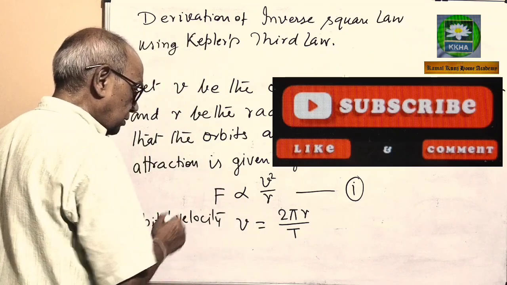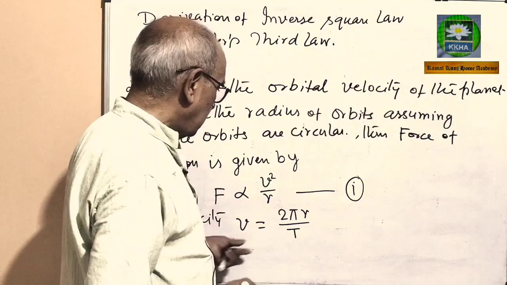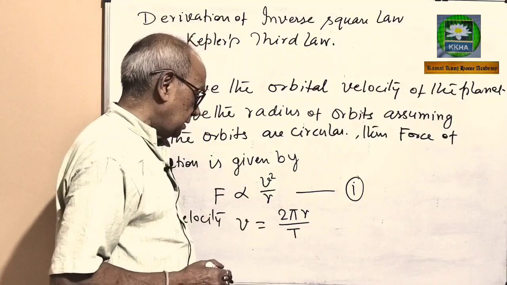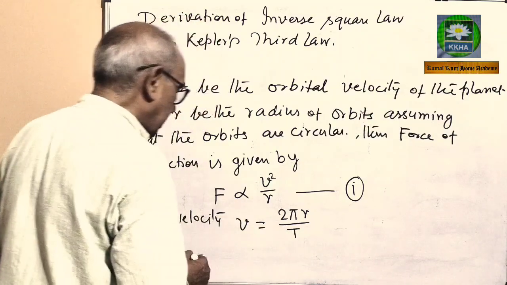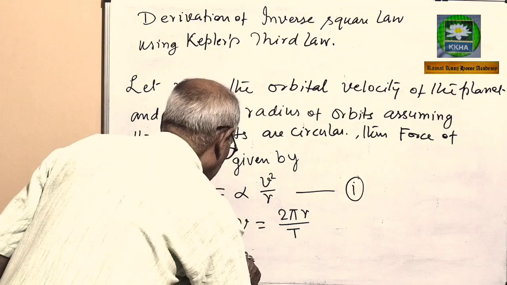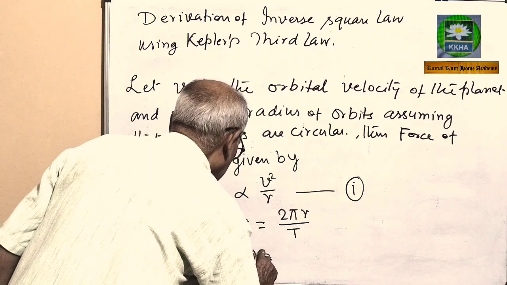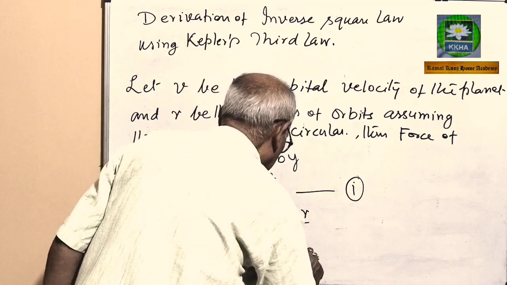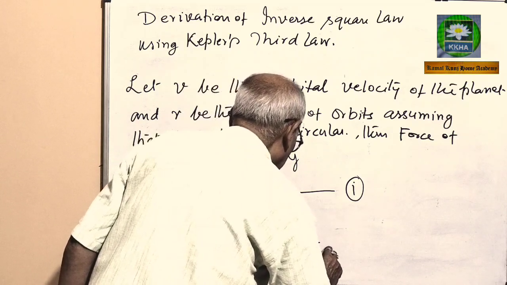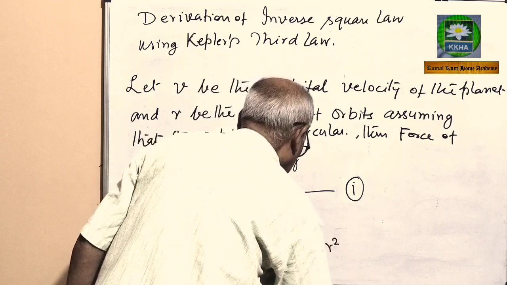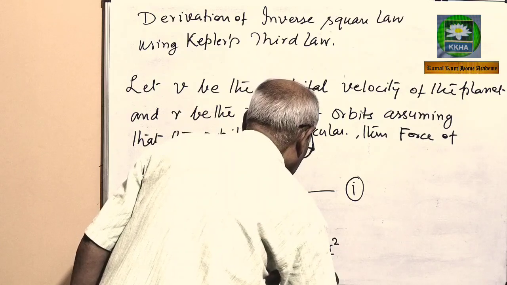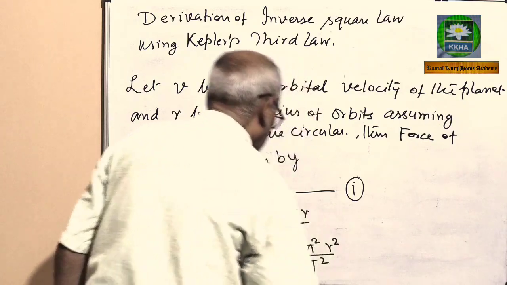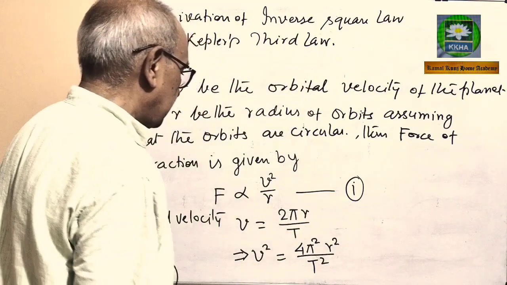So orbital velocity is 2 pi r upon t. Now this implies that v square is equal to 4 pi square r square upon t square.